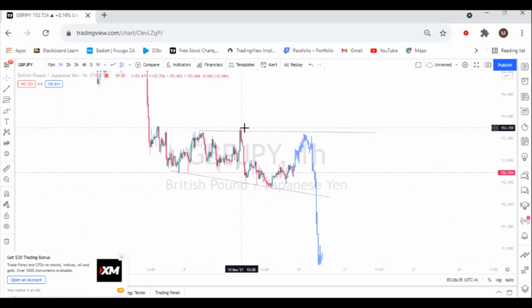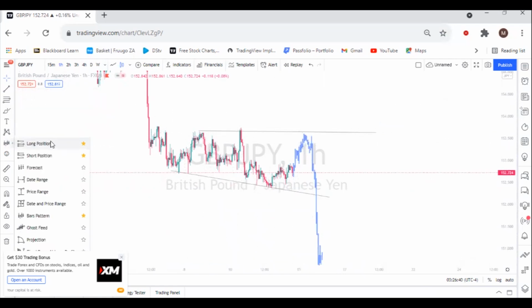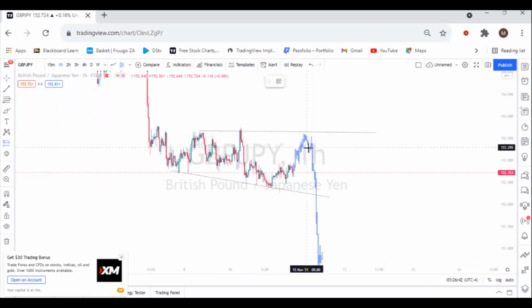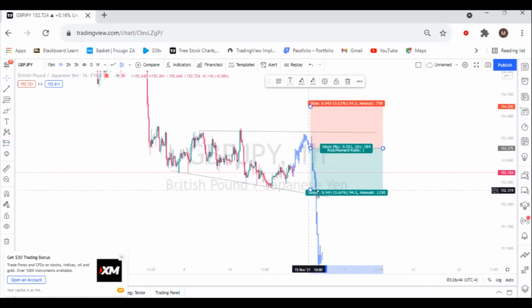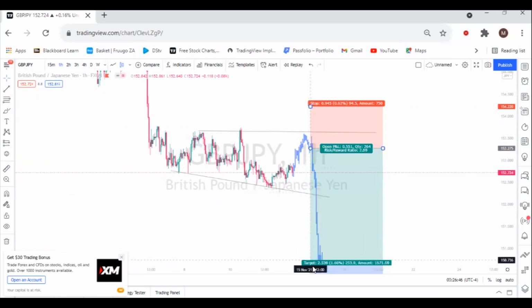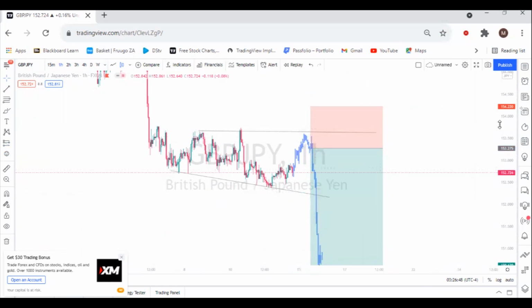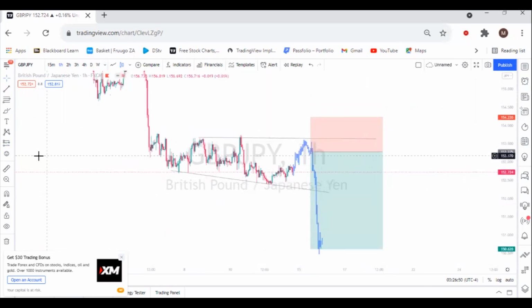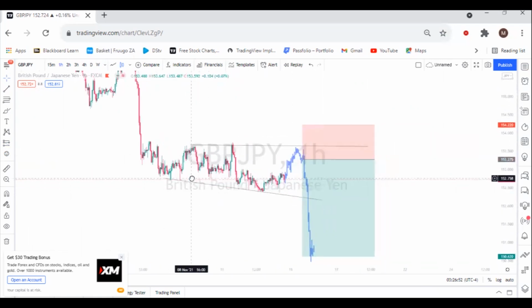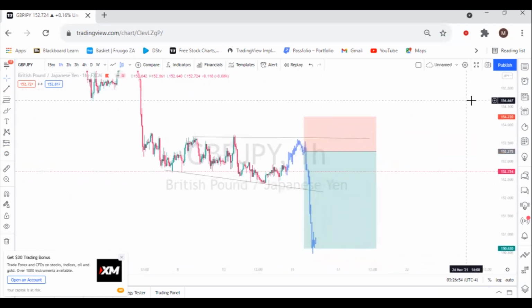As you can see, we have 3 touches and the price should sell off at the third one, just like that. So that is a British pound against Japanese yen, or GBP JPY.